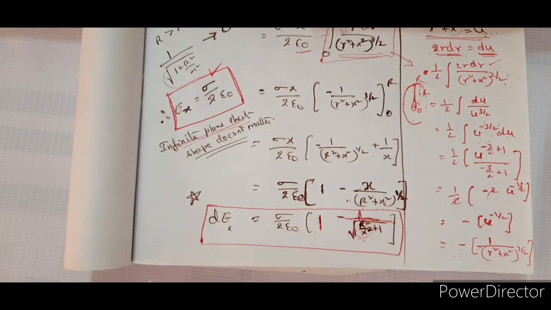So this is for a circular disc with very high radius. That means when r is greater than x, you can extend this topic to an infinite plane sheet, right?